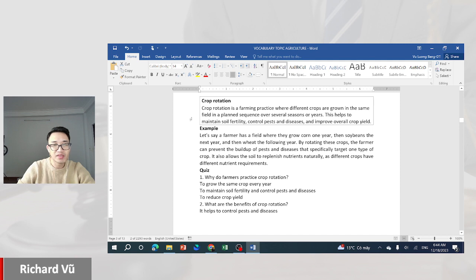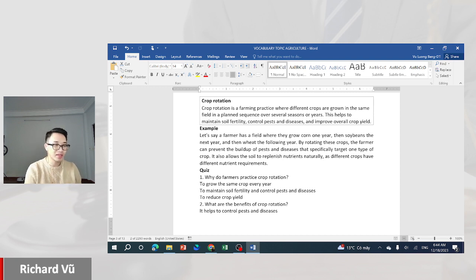This helps to maintain soil fertility, control pests and diseases, and improve overall crop yield. For example, let's say a farmer has a field where they grow corn one year, then soybeans the next year, and then wheat in the following year.